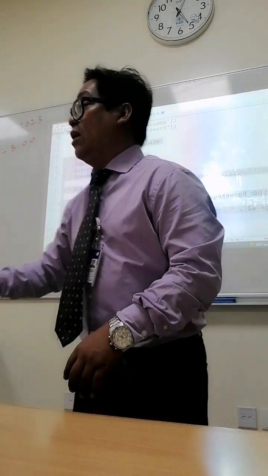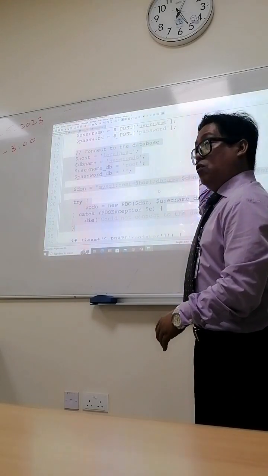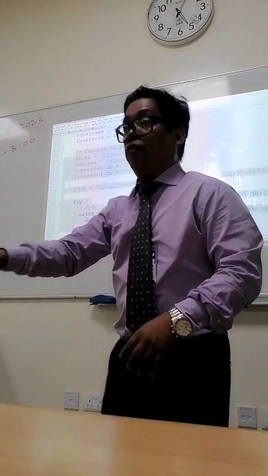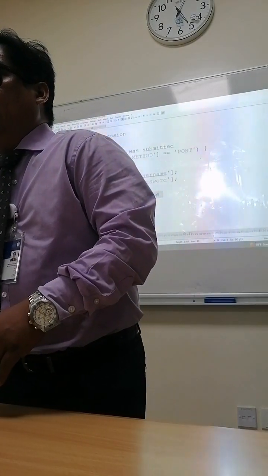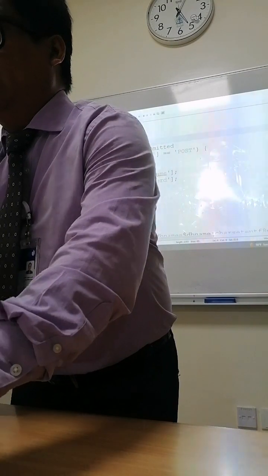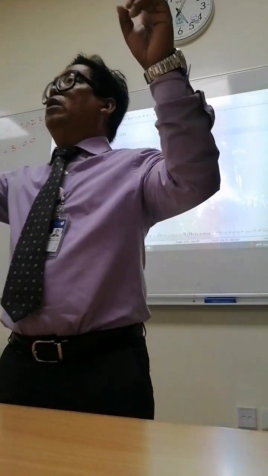We can remove this from your validate and save it as a new file, db_connection.php. But don't forget to insert a line here to include the file, so you have to include your database.